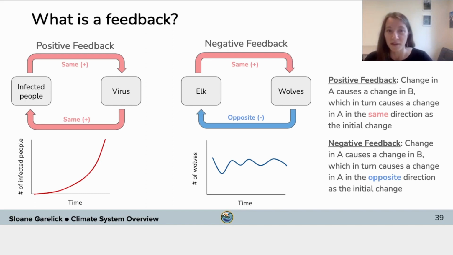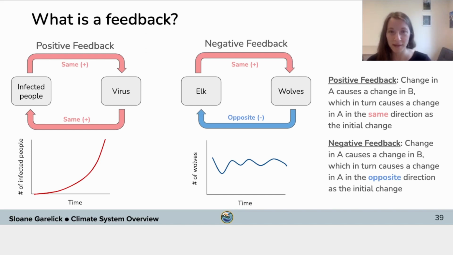If we have an increase in the number of elk, there'll be an increase in the number of wolves. However, as the number of wolves increase, the number of elk will then decrease. And over time, the change in the population of wolves will vary on short time scales, but overall, there's a relatively constant population of wolves.